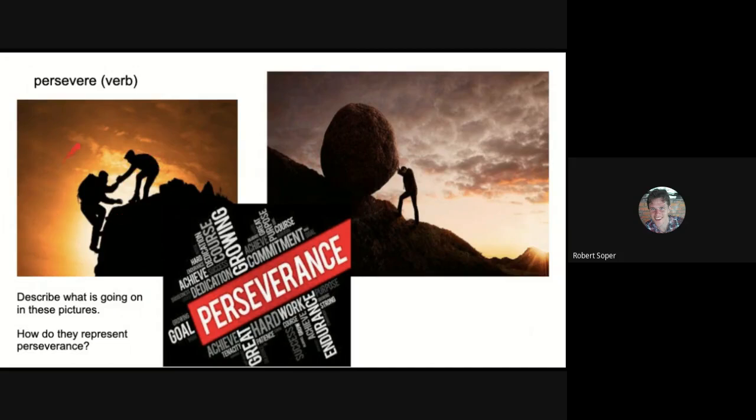They are helping each other. This man must be tired, but he wants them both to get up. So he's helping his friend get up. His friend isn't giving up. He's persevering too. And this man over here is showing perseverance because he won't let this boulder roll down. He keeps trying to push it up the mountain. Okay? To do it in a determined way.